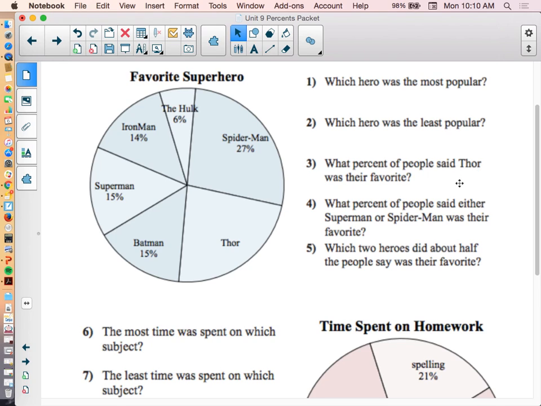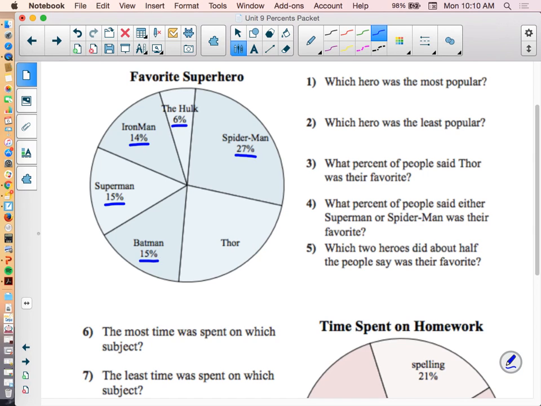To talk about number 3, what percent of people said Thor was their favorite? You have to remember what I said about circle graphs, that the total has to add up to 100%. So you will need to add up the total number that we have so far. All of these you're going to have to put together. 27, 6, 14, 15, and 15.